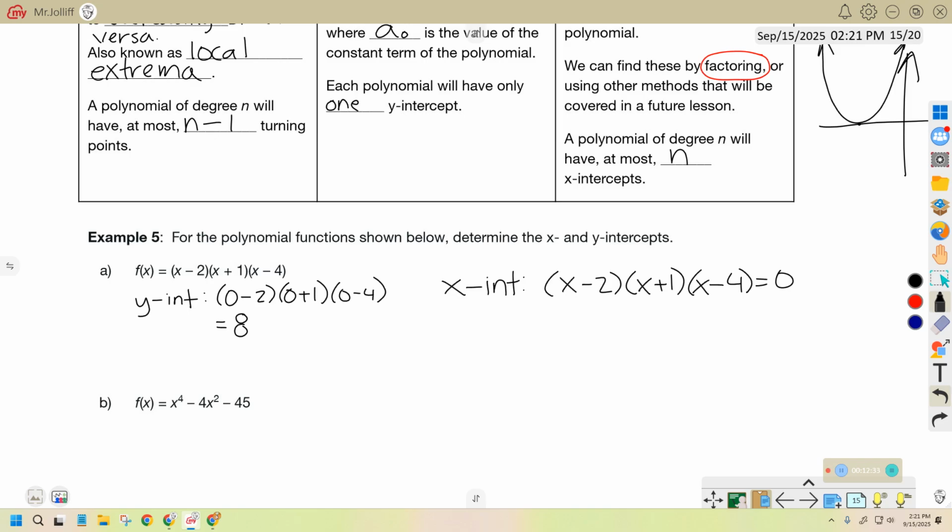And we learned something in Math 2 called the zero product property, which tells me if I'm multiplying a bunch of stuff together and my answer is 0, one of the things in that string of multiplication must have been 0. That's the only way I can get 0 as an answer when I multiply. I had to multiply by 0. So I know one of these three polynomials must be 0.